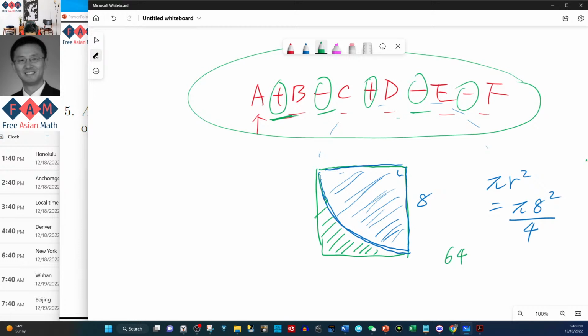If we call this part A and this part B, then clearly area B is 64 minus this number, which is 16 pi, right? Because a squared is 64, divided by 4, that's 16, so that's 16 pi. At the same time, we know A is just 16 pi. So that is what we get if we just focus on one curve.